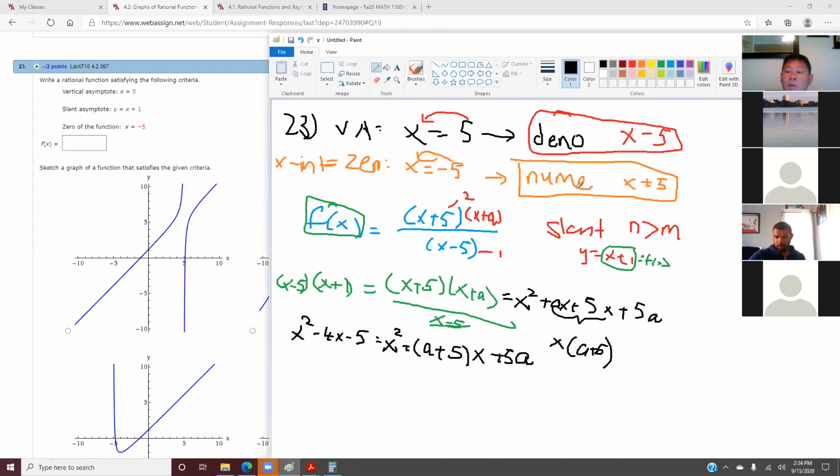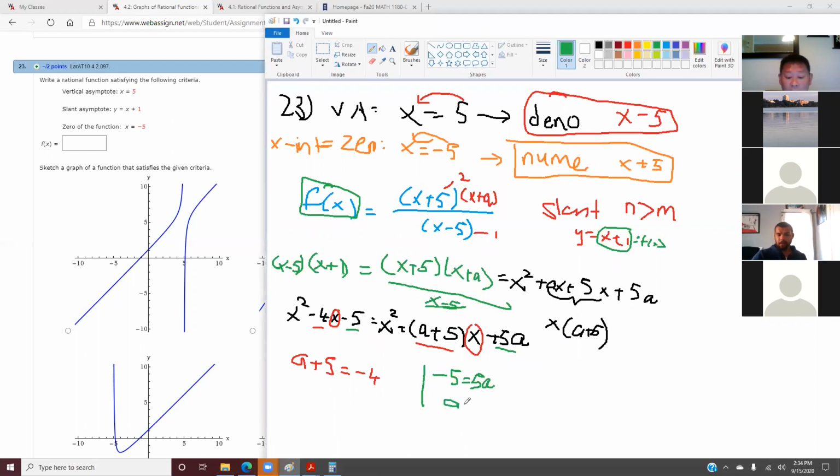So now what you need to do is take this term and solve it for a. So a plus 5 equals -4. The reason why you take these two to solve is because they both have x terms. Or otherwise, you can also take this term and this term because they are constant terms, or you can solve -5 equals 5a. No matter which way you pick, your a is still going to be the same answer.